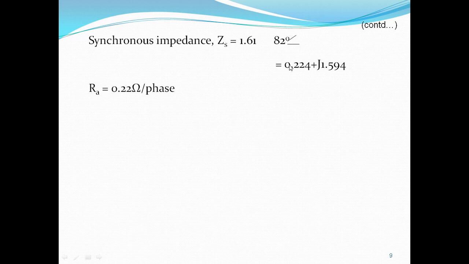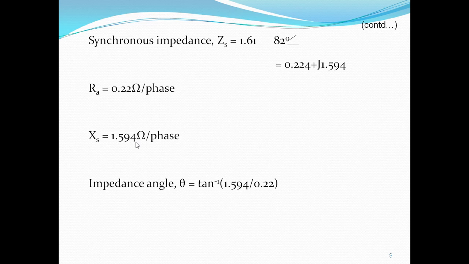Then we will get 1.594. This one is Zs into cos theta, and this one is Zs into sin theta, where 0.224 is the armature resistance and 1.594 is the synchronous reactance. So Ra is equal to 0.22 ohms and synchronous reactance Xs is equal to 1.594 ohms per phase.